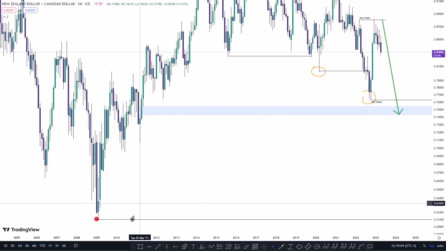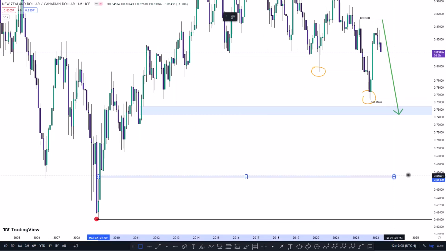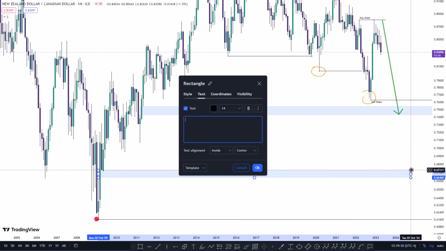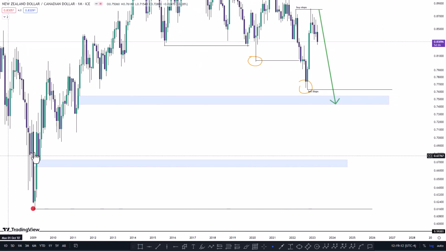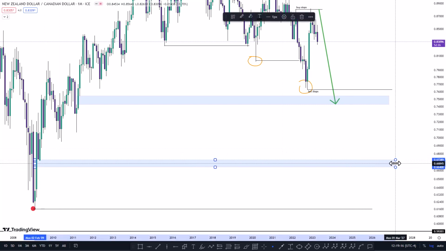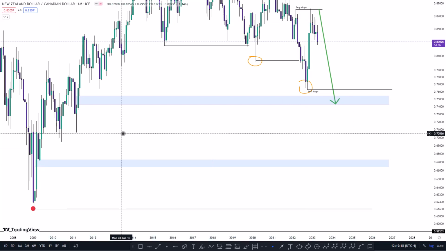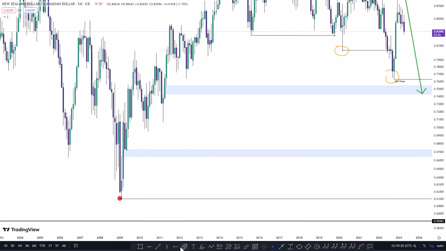We still have another imbalance resting here, below this liquidity level, kind of a minor primary liquidity resting there. And then what do you have? We have a gap right here between these two candles. You have a beautiful gap sitting here.